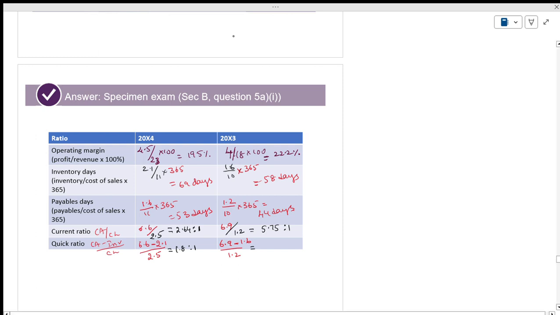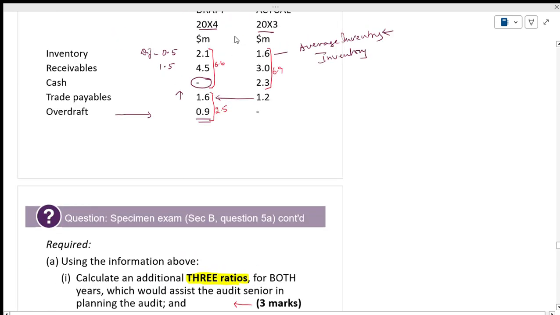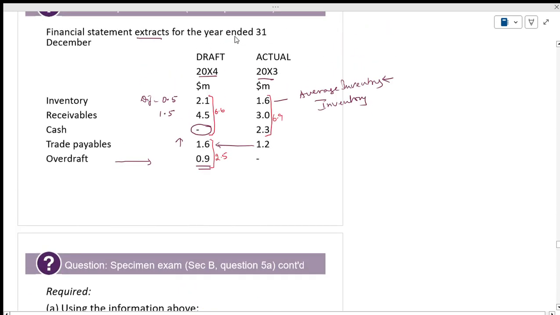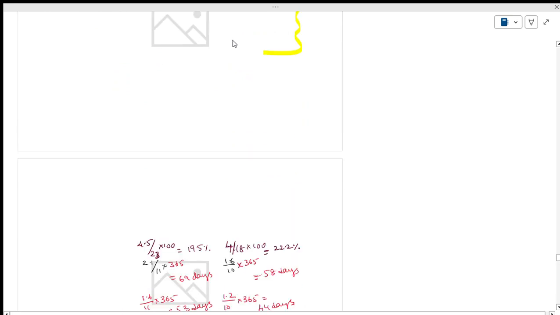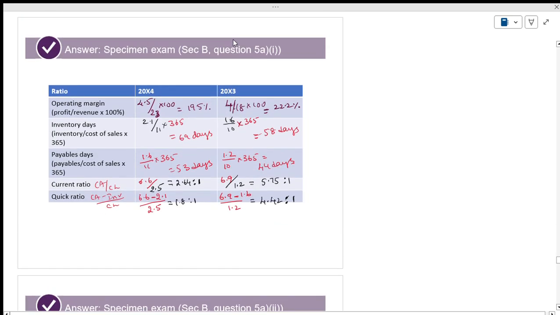Current assets divided by current liabilities: 6.9 divided by 1.2. Fine.